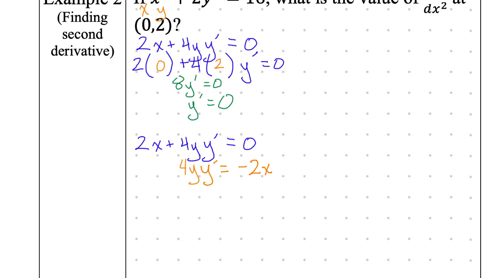Divide both sides by 4y, and I get y prime is equal to negative 2x divided by 4y, which we can simplify into negative x over 2y. Sorry, I wrote an x there instead of a y.